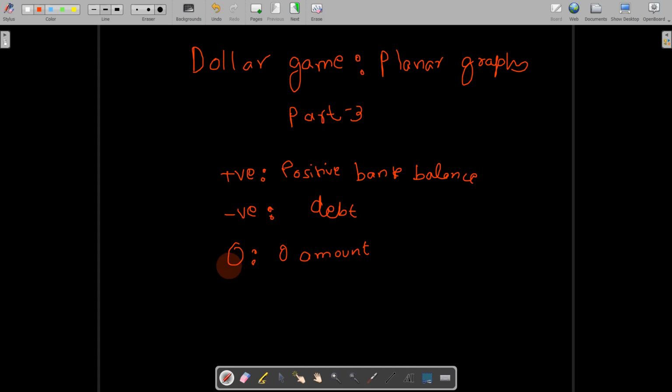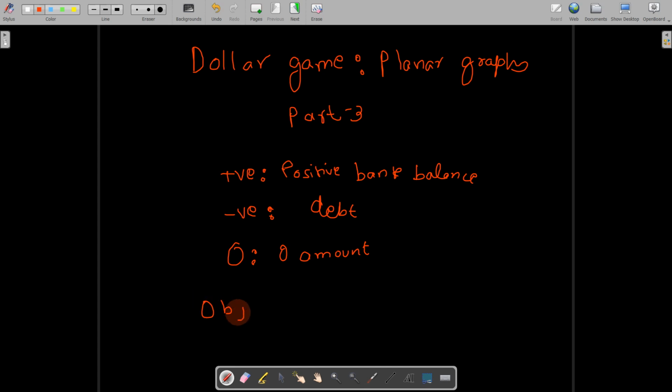So the objective of this game, when you win, is you have to redistribute the money in the network such that all the nodes don't have debt, meaning no negative nodes are present in the network anymore. Those who have surplus money can send money to all the nodes they are connected to, and the objective is to make all the values of the nodes either positive or zero.